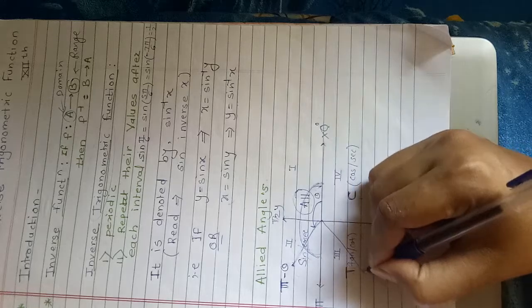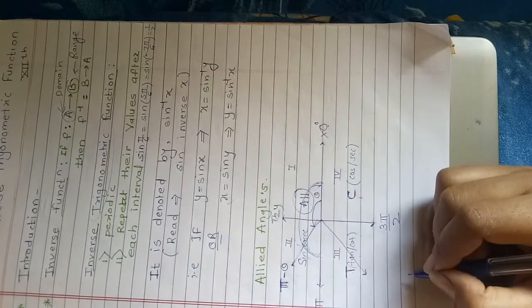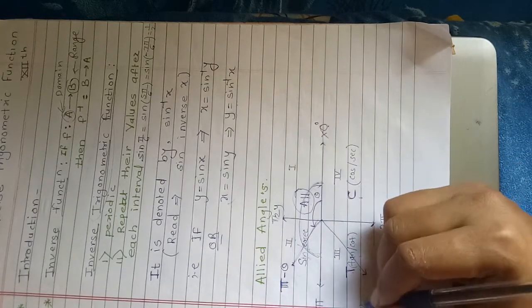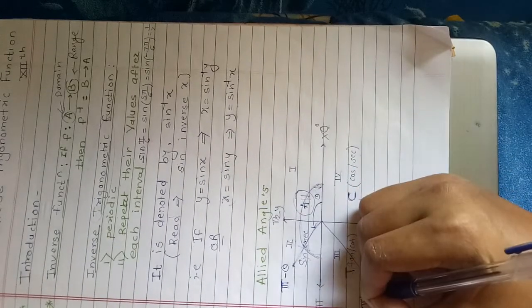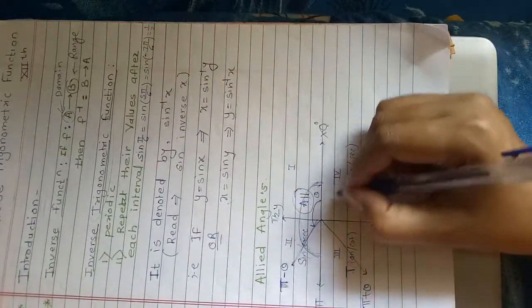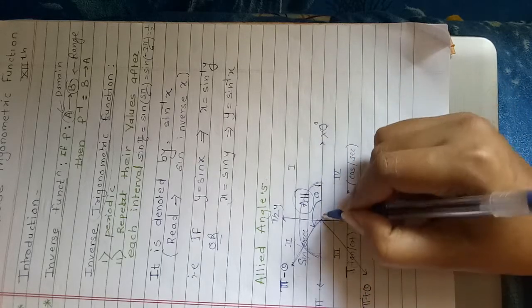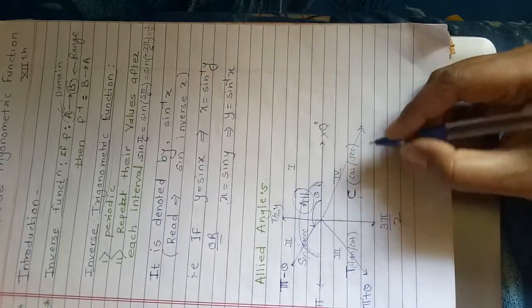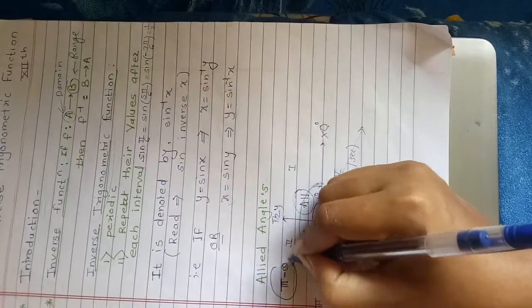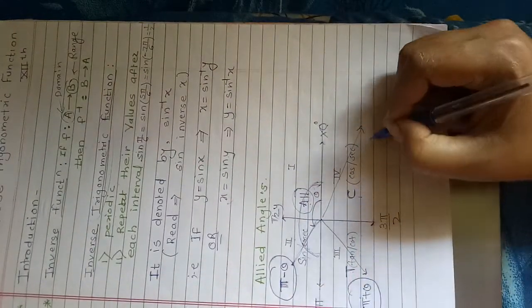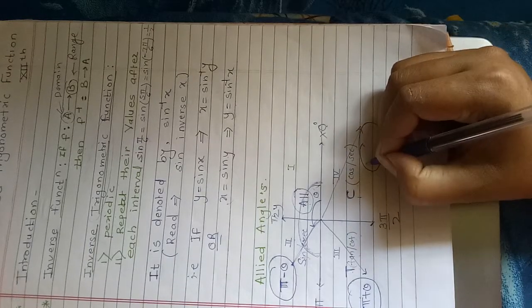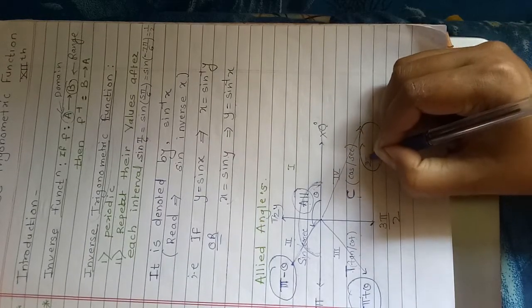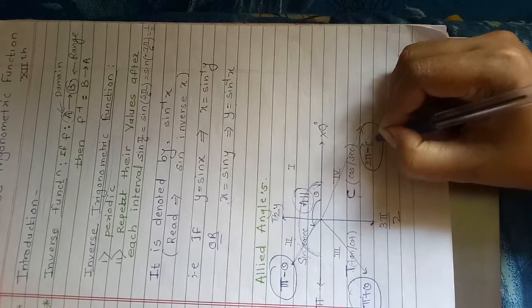Any angle in the third quadrant we write as pi plus theta. Any angle in the fourth quadrant is 2 pi minus theta.